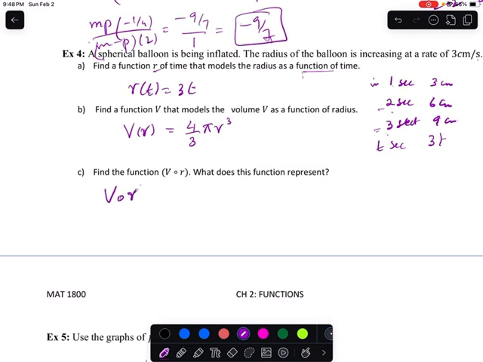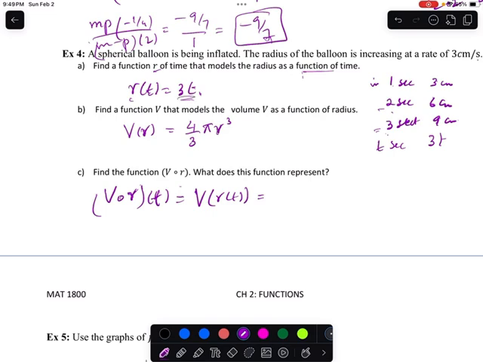So what will we do? In this case, our independent variable is t, because remember r depends on t. R has the independent variable t here. So this can be written as V of r of t, which means wherever I have r, I will replace it by 3t.